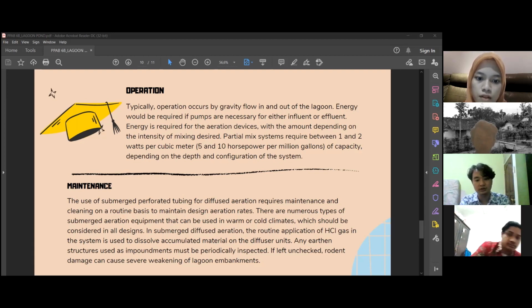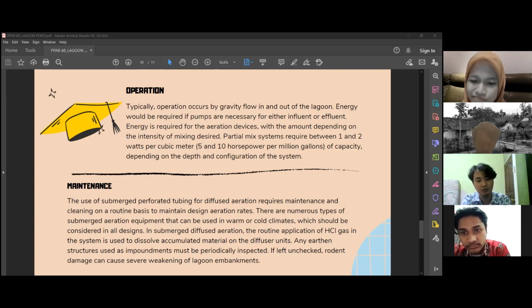In submerged diffuse aeration, the routine application of HCl gas in the system is used to dissolve accumulated material on the diffuser units. Any earthen structure used as impoundments must be periodically inspected. If left unchecked, rodent damage can cause severe weakening of the lagoon embankment.